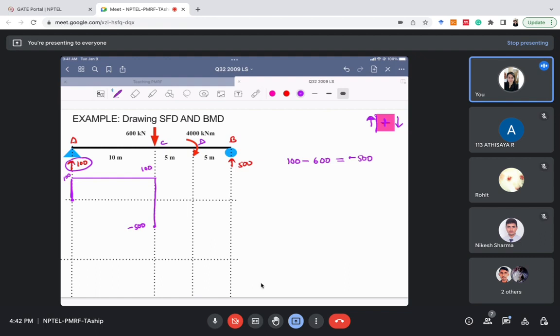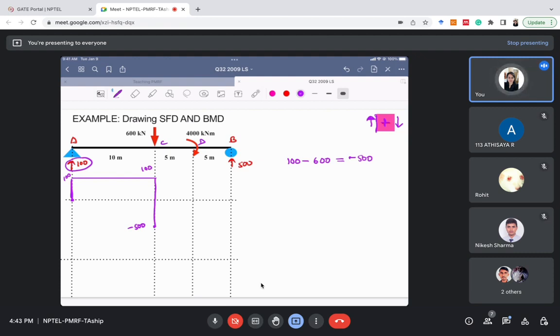Then between section C and B, there is no loading, neither a point load nor a uniformly distributed load. Please note another point: the moment or the couple will not affect the shear force diagram. It will only affect the bending moment diagram. So even if there is a couple or applied moment somewhere, it will not affect the shear force diagram.